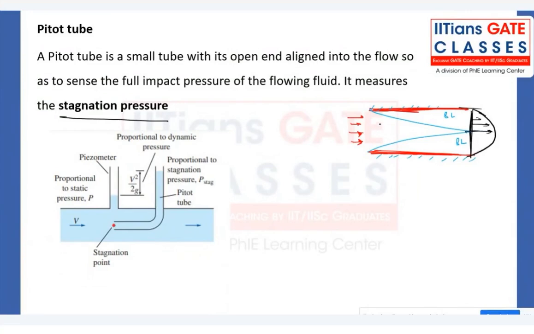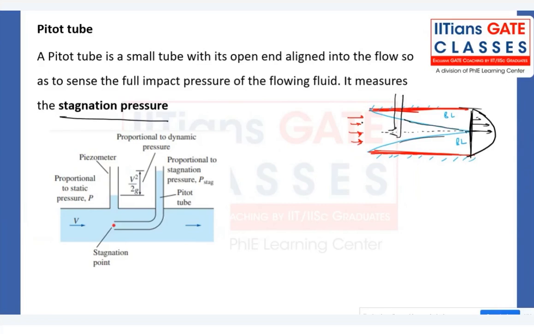Here, what you are observing is that in the central core region, you don't have any boundary layer. You have the boundary layer like this, right? And one more assumption of the Bernoulli equation is that we cannot apply the Bernoulli equation in the boundary layer. That means whenever we want to place the pitot tube, we have to place it at the central core region like this.